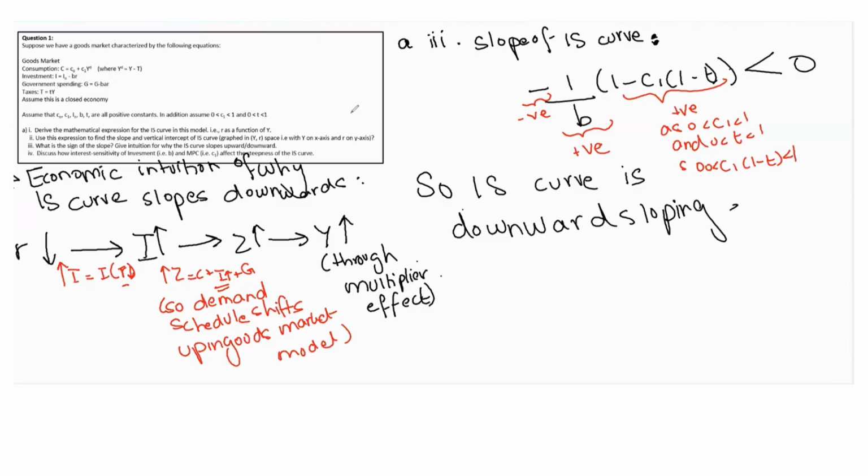So this is why the IS curve is downward sloping. This is the economic intuition behind it. You decrease the interest rate, that increases investment, which increases demand. And as the demand schedule shifts upwards in our goods market model, output increases through the multiplier effect.